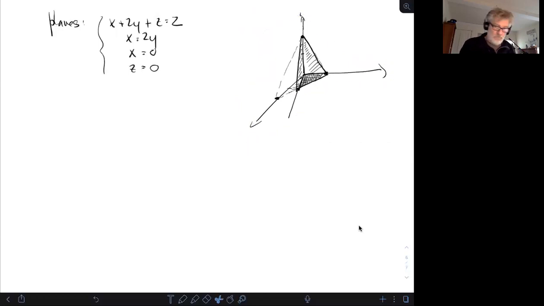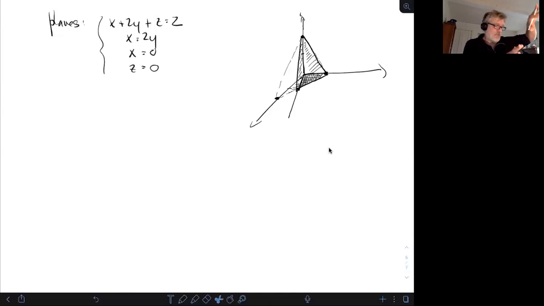Okay, so what do I mean by top? I mean that if you take any vertical line that goes through the tetrahedron, when you're going to go outside the tetrahedron, which part of the tetrahedron are you crossing? It's that flat part on top, right?